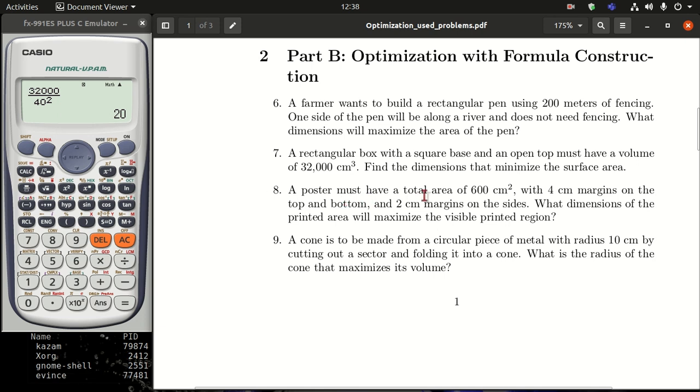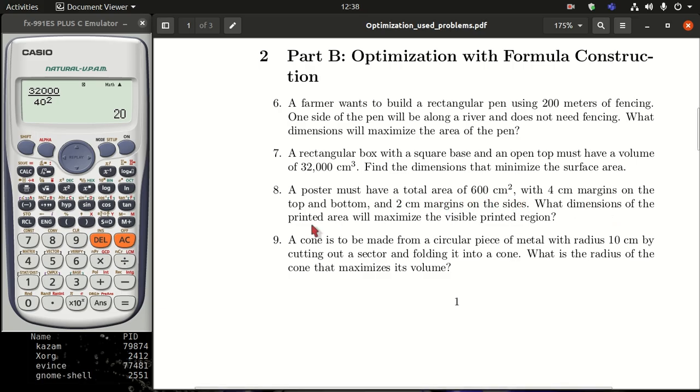A poster must have a total area of 600 centimeters squared with 4 centimeter margins on the top and bottom and 2 centimeter margins on the sides.